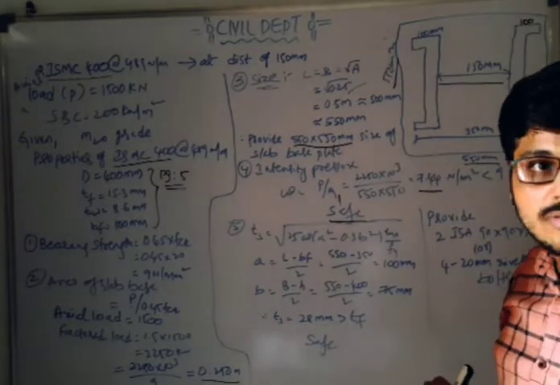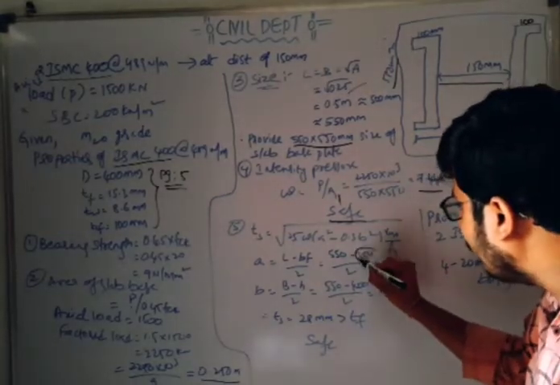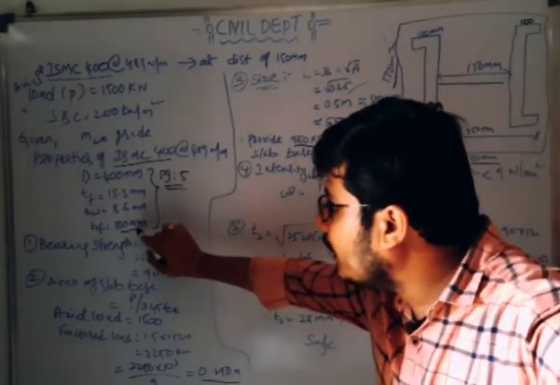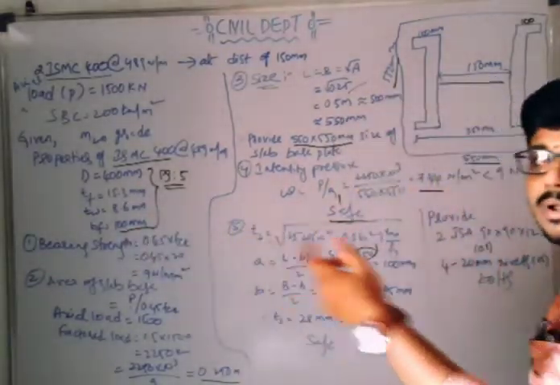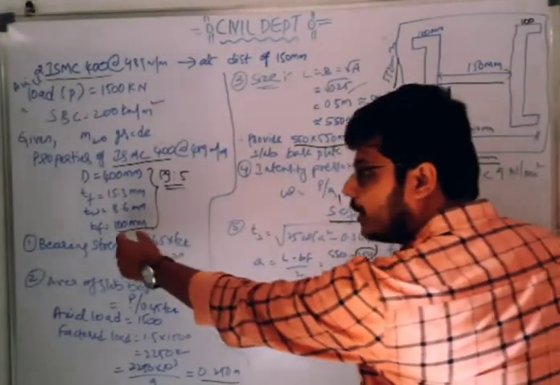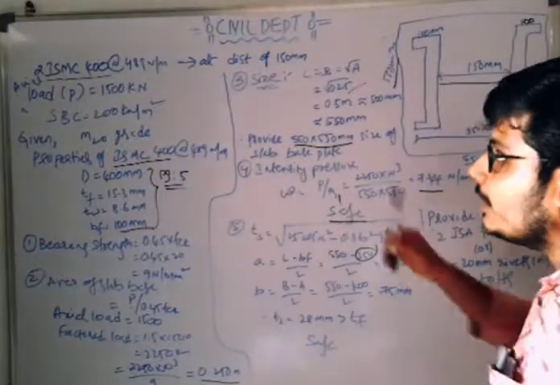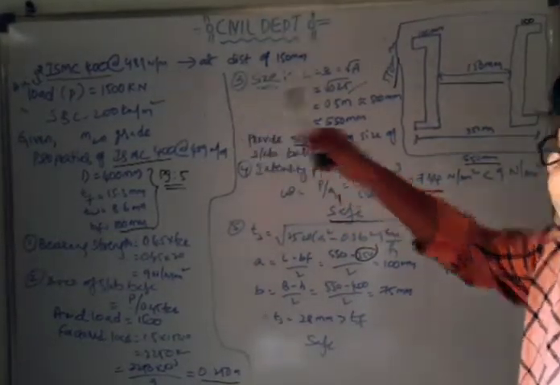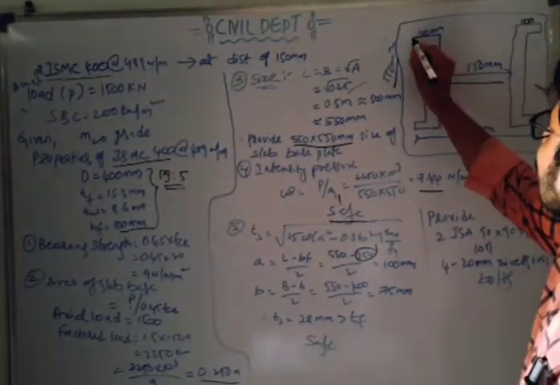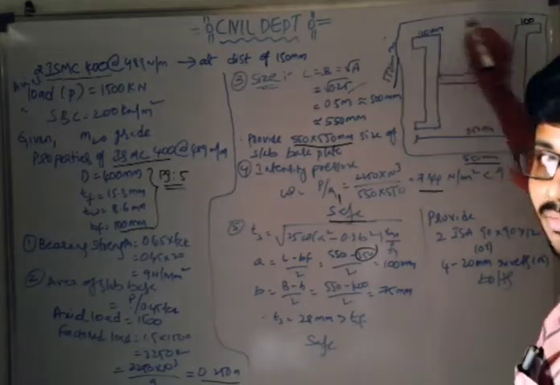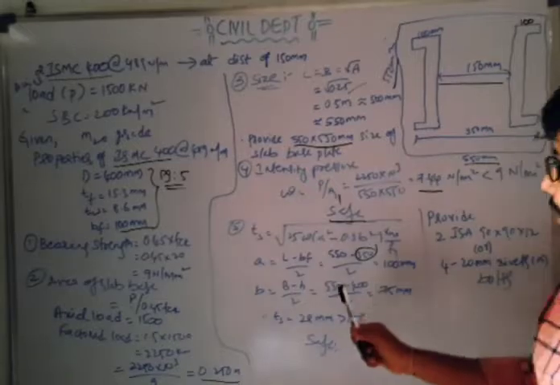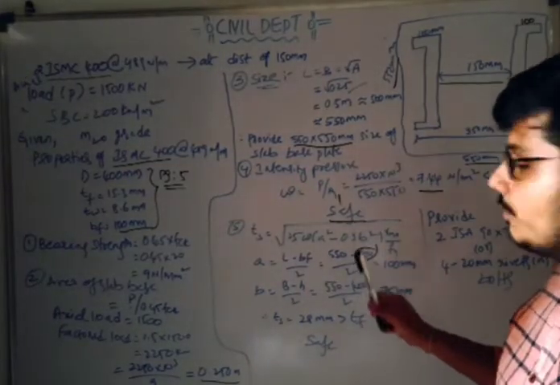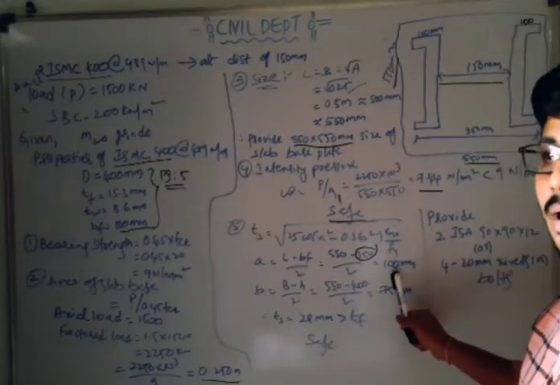Don't take BF directly as 100 mm. In the previous problem we had only a single heavy beam, but here we have two channel sections, so the total width is 100 plus 150 plus 100, that is 350, and 350 by 2 gives 100 mm.